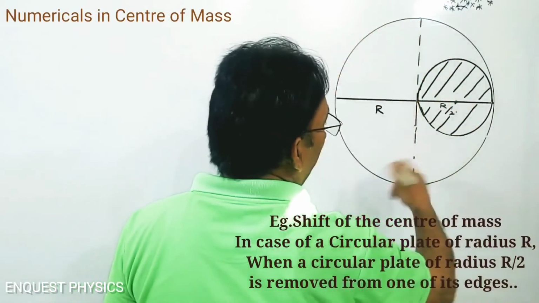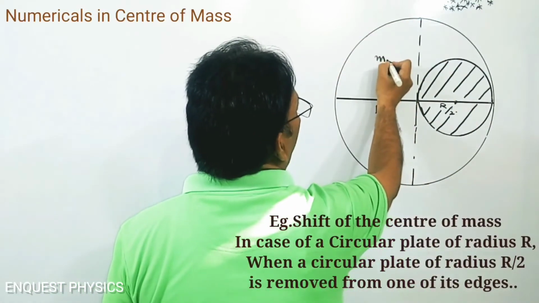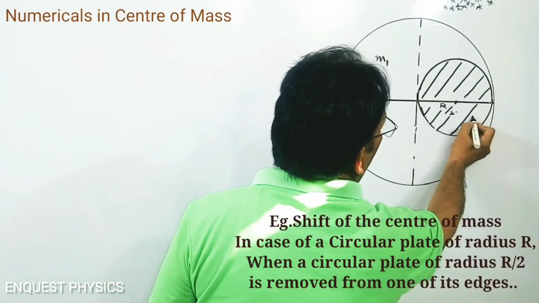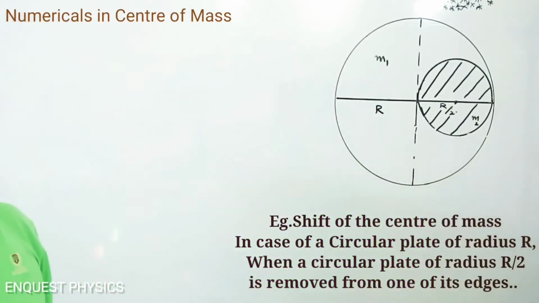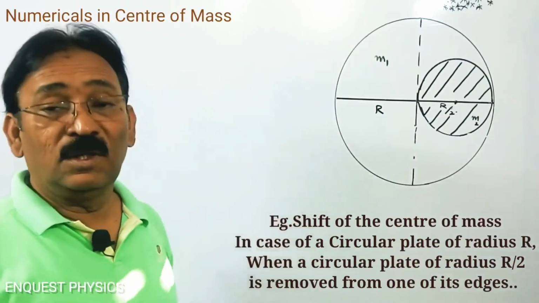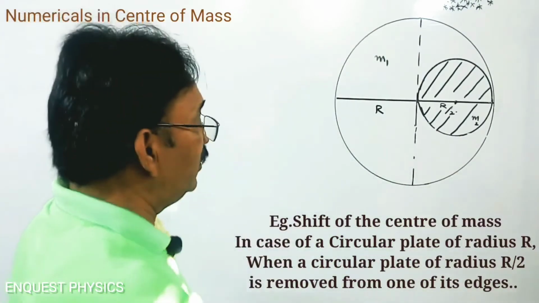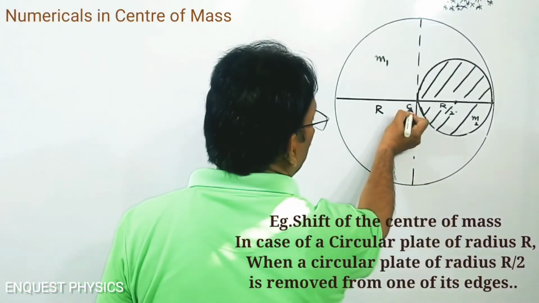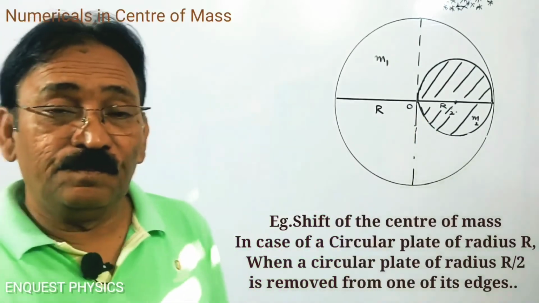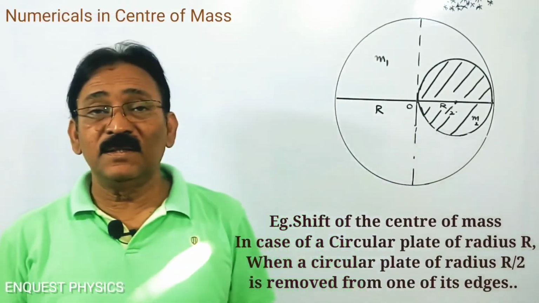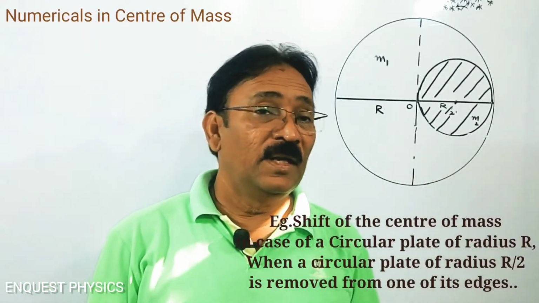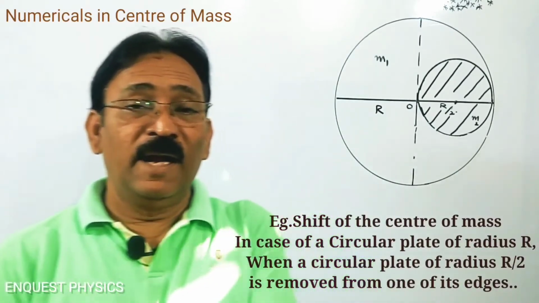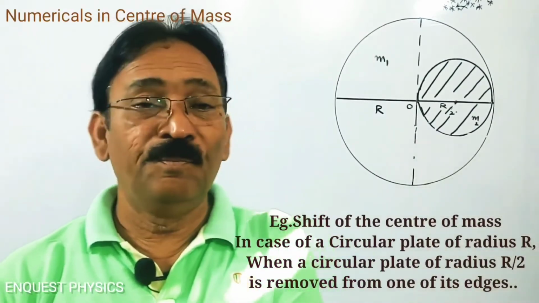Let's say this plate has a mass of m1, and the removed part has a mass of m2. We have to find out the shift in center of mass. Taking this as the origin, we learned that the center of mass of a regular shaped body is always located at its geometrical center only.